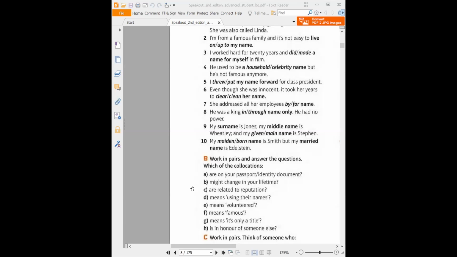So which are related to reputation? Here I believe you can use some phrasal verbs. For example, live up to my name. It means to live up to the standards other people put for me as a famous person.